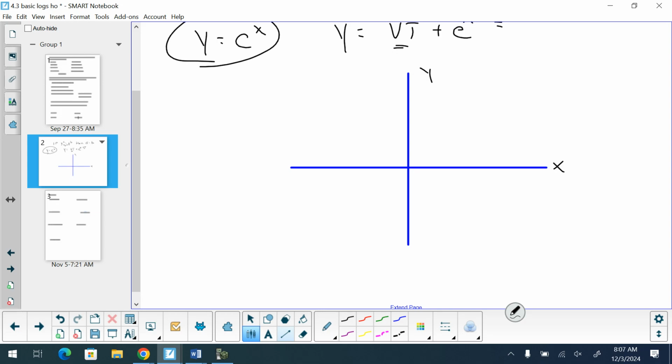We have the graph y equals f of x is equal to 2 to the x power. This is our original function. So what we want to do is gain some points here that we can utilize. If x equals 0, 1, and 2, we would have the values of 1, 2, and 4.